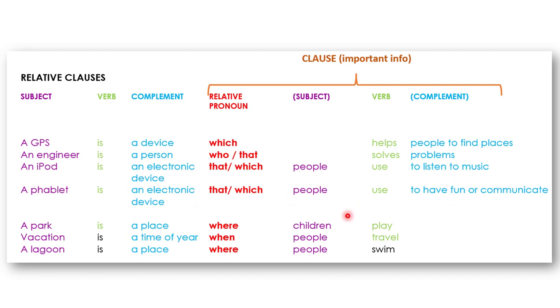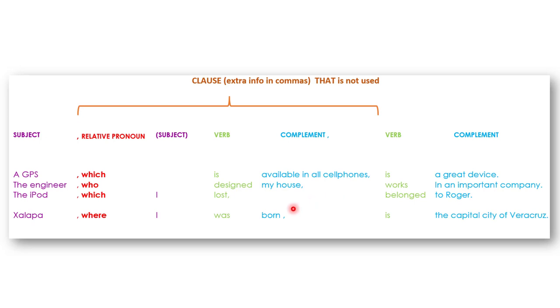Okay, so try to analyze the elements. And if you want to add extra information, you have to use commas. Check, I have a comma, I have a comma, and the position of the extra information is in the middle. For example, a GPS, which is available in all cell phones, is a great device. This information in the middle is only to give a reference, but maybe it's not the most important.